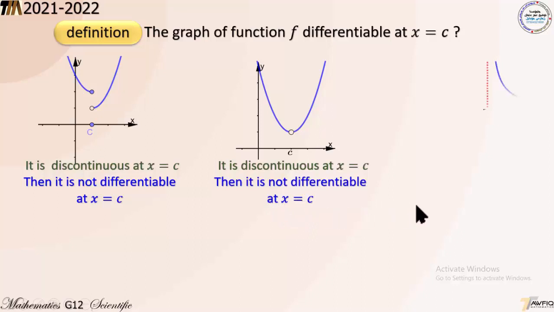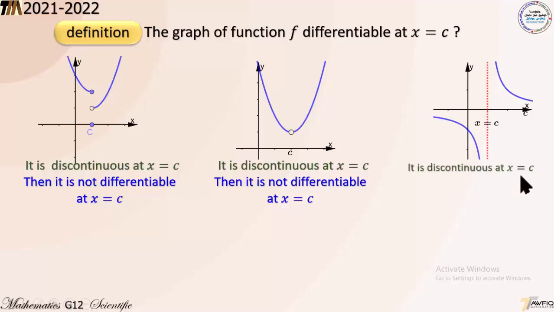The third graph, as you can see here, the function is not defined at x equal to c, and the limit does not exist. That means this function is discontinuous at x equal to c. Then it's not differentiable at x equal to c.